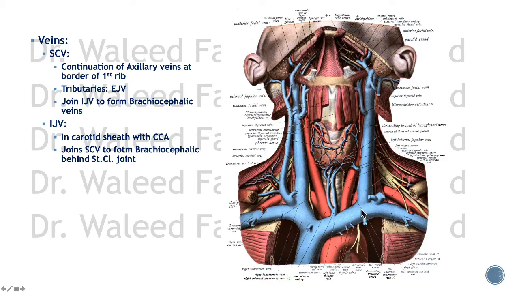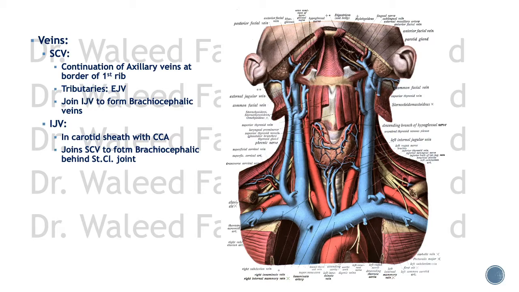This is the left brachiocephalic. And remember this course of the left brachiocephalic, because you will understand then why the inferior thyroid veins on both sides drain into it. It's not that the right side into the right and the left side into the left. No, both into the left because of this course of the left brachiocephalic vein.